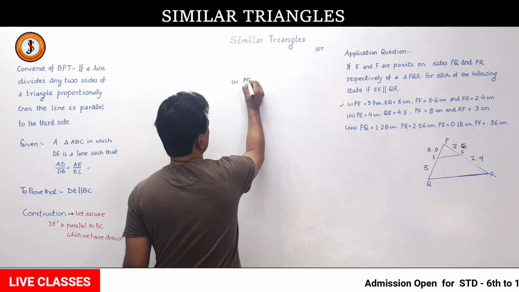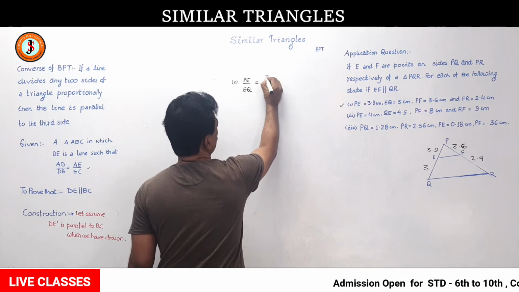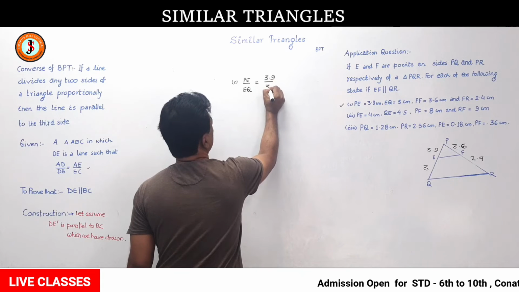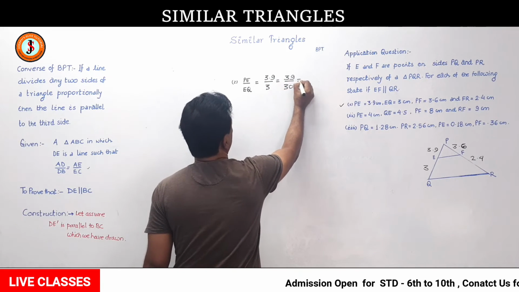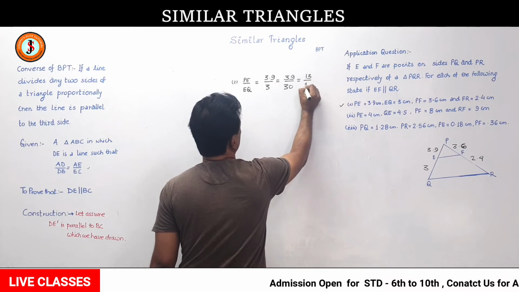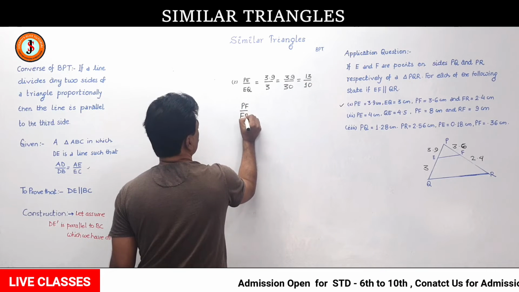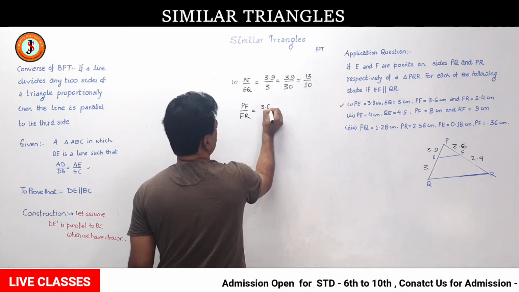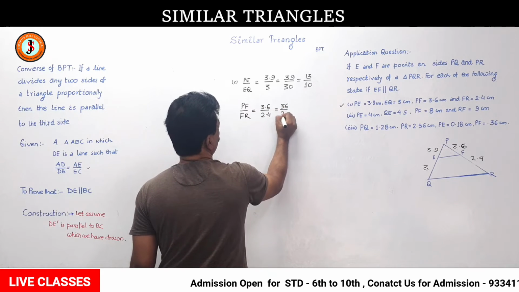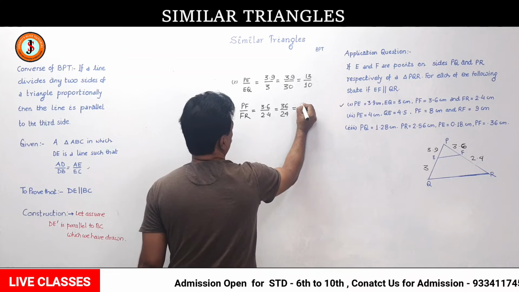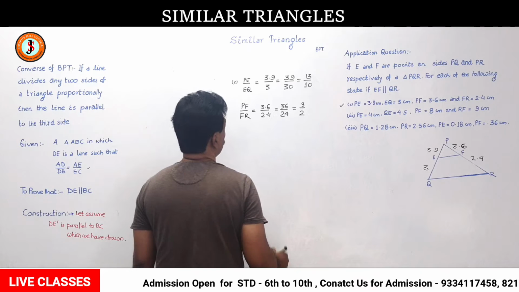PE by EQ is equal to 3.9 by 3, that is equal to 39 by 30, that is 13 by 10. Now we get PF by FR, that is equal to 3.6 by 2.4. This is 36 by 24. I take the decimal off. Now 12 3s are 36 and 12 2s are 24.